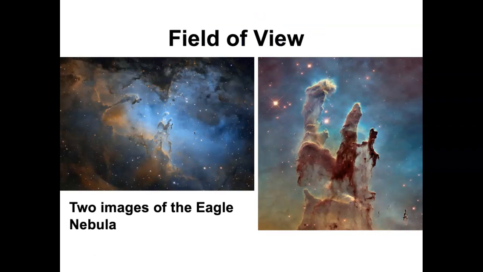Why am I going over all this? Well, because here are two images of the same object. These are two images from two different telescopes of the Eagle Nebula. This is the whole Eagle Nebula, and this picture here is just a zoomed-in magnification on these central pillars of gas in the middle of the Eagle Nebula.